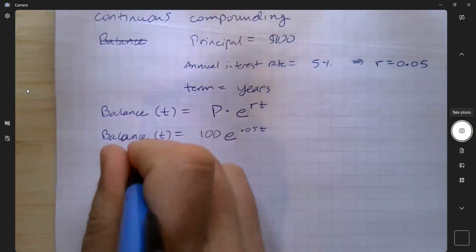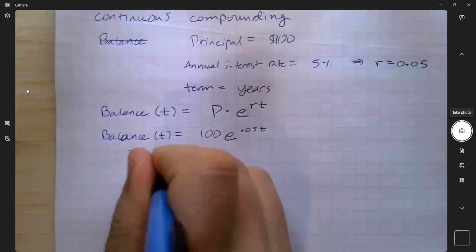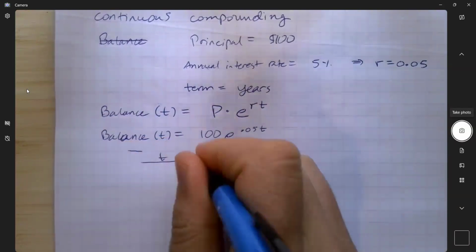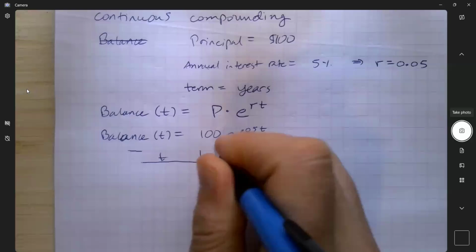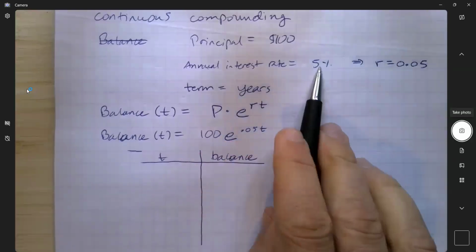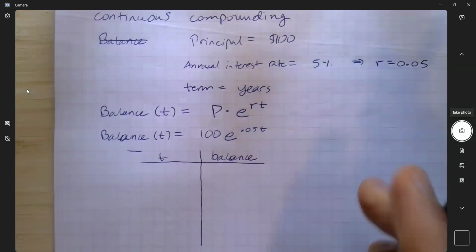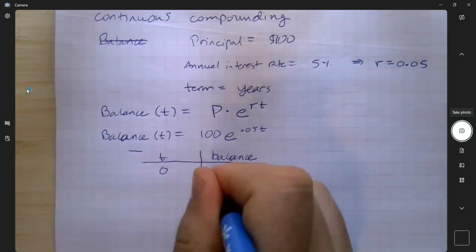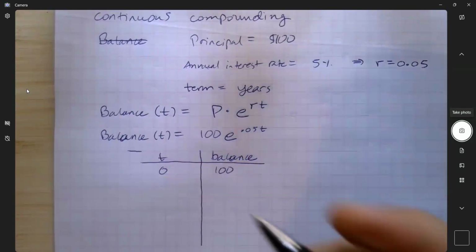Okay, let's look at what the balance would be on an investment account where I invest $100 at 5% annual interest rate, compounding continuously. Well, at the beginning, it's 100.